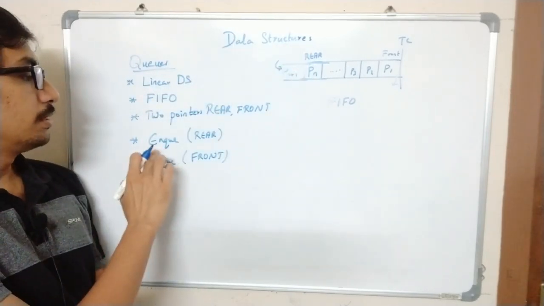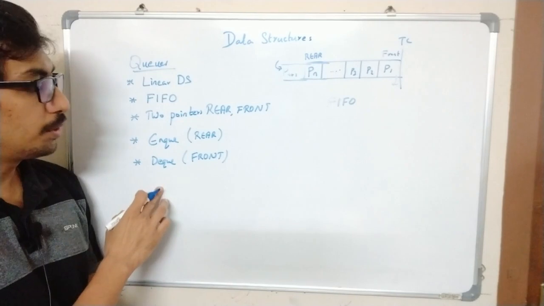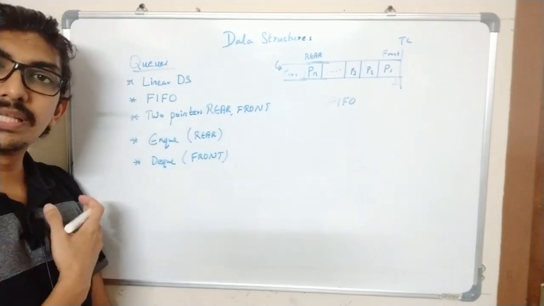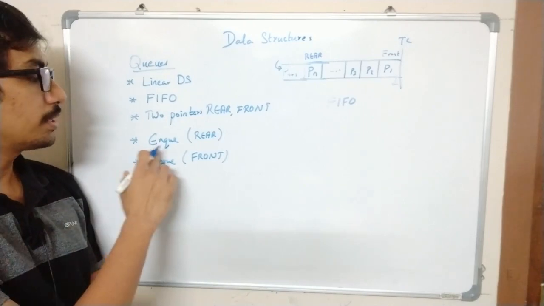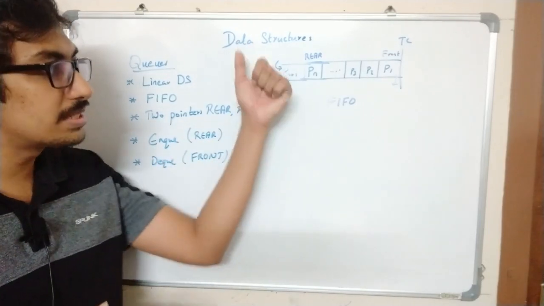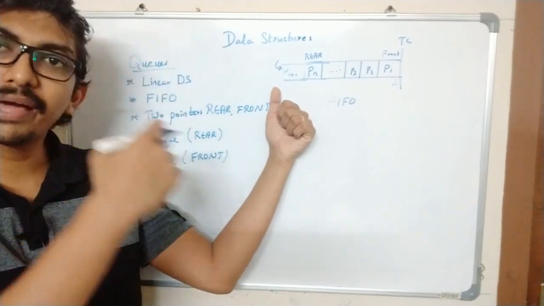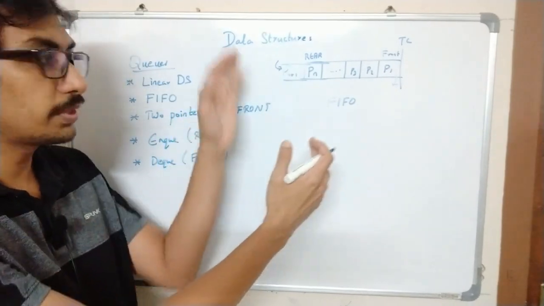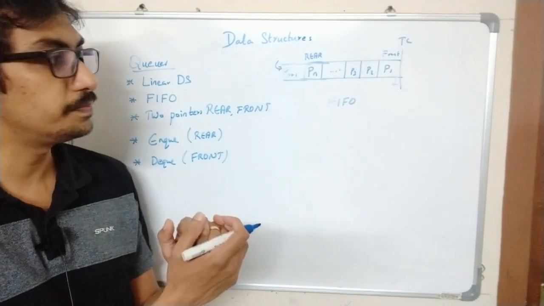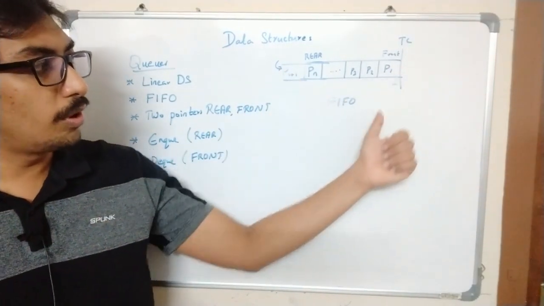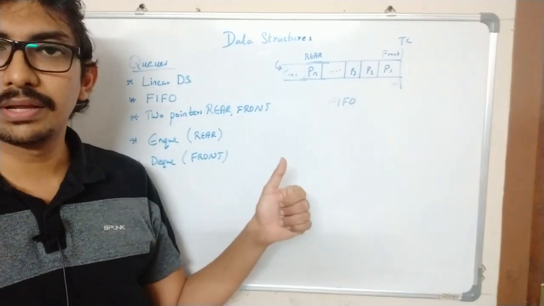The operations are NQ and DQ, where NQ stands for the insertion operation and DQ stands for the deletion operation. NQ or insertion will happen through the rear end of the queue, just like a normal queue. And deletion will always take place through the front end.